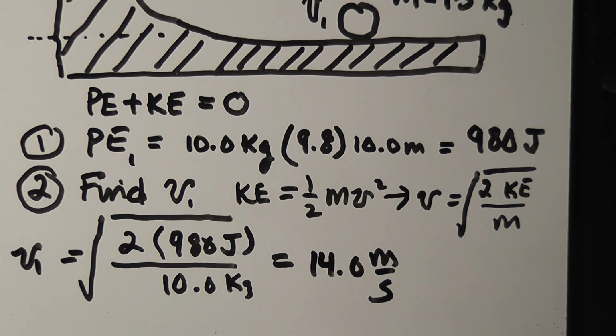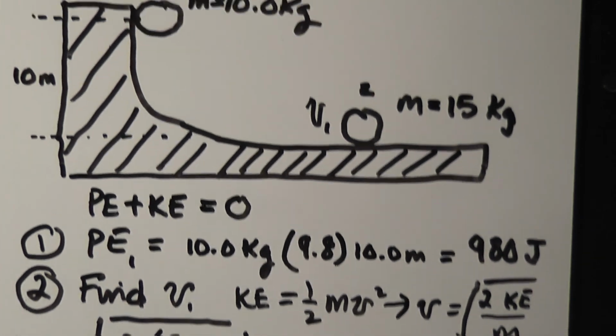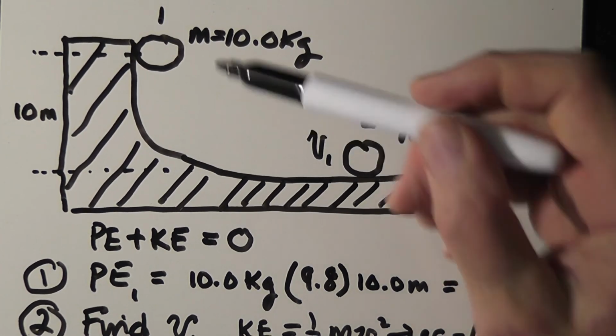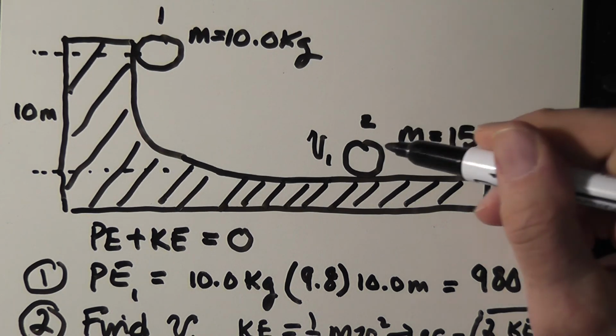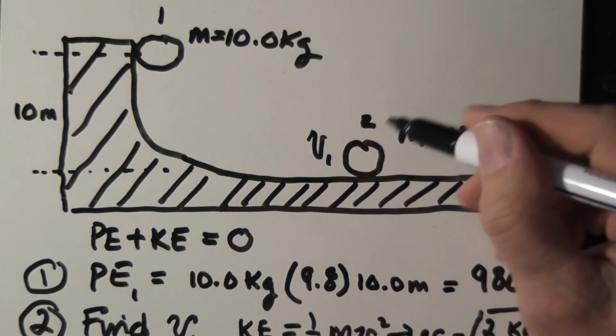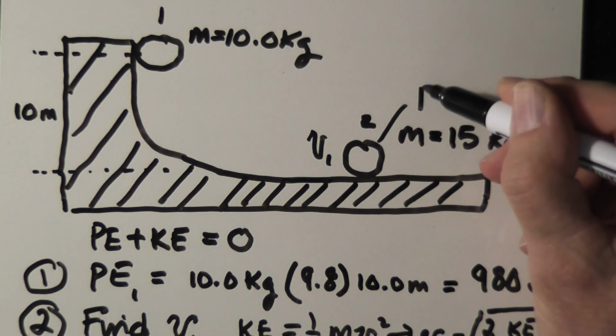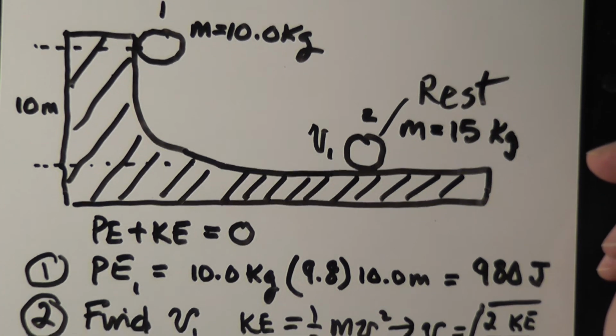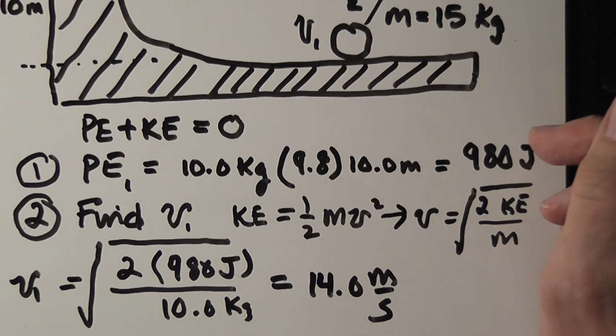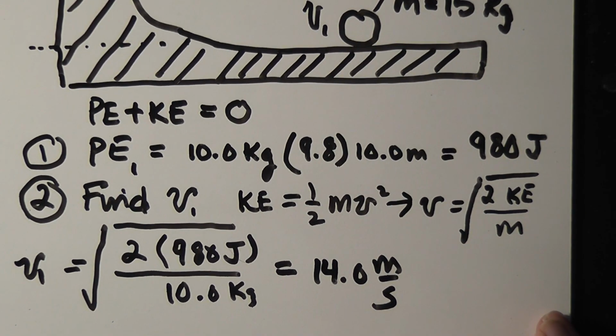Okay, and so that is the speed at which ball number 1 will hit or collide with ball number 2, which is, by the way, at rest. Alright, so now we need to go to step number 3.